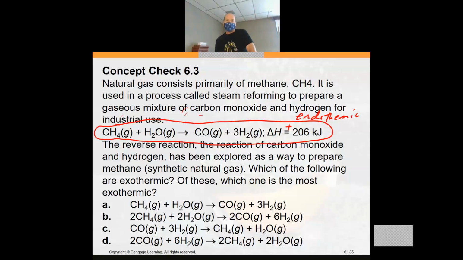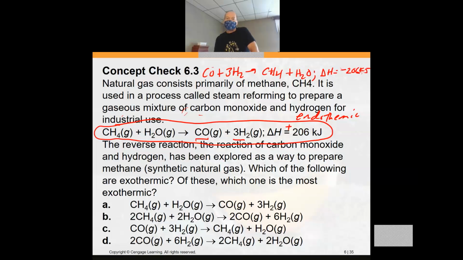If you reverse it, then it's going to be an exothermic reaction. When you reverse this, you just write your products as reactants. So you have CO plus 3H2, and that gives you CH4 plus H2O. And now your delta H, when you write the thermochemical reaction, is negative 206 kilojoules.